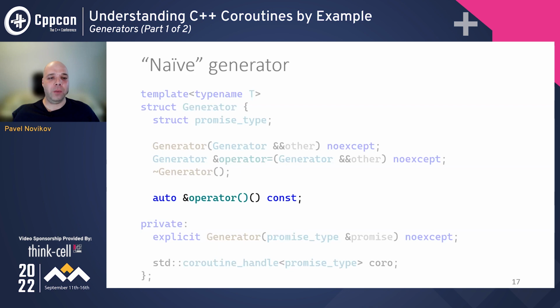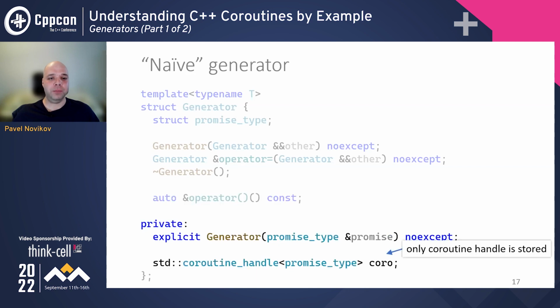Then we have our function call operator, with which we get yielded values. Then we have in the private part a constructor that accepts a promise object of type promise_type, that we'll get to in a second. And we have a coroutine handle specialized with the promise type.